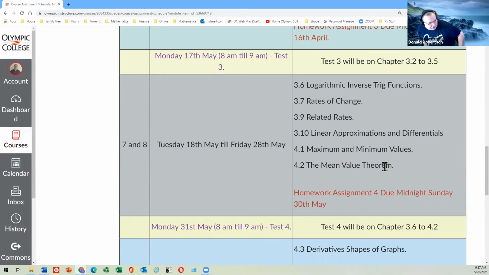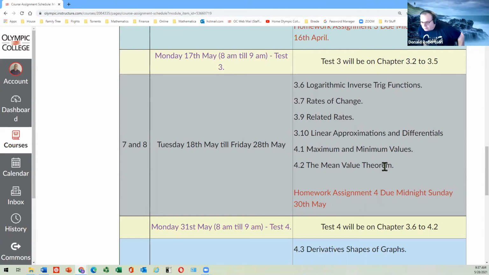Then we have the rates of change, which are basically derivatives, velocity, acceleration, rocks going up and hitting the ground, you know, those kind of questions. Related rates, those horrible formulas where all the variables are in terms of t. Remember the aircraft flying and the radar station, and what was it, V equals 4/3 pi r cubed, and the guy with the shadow walking away from the lamppost, those questions.